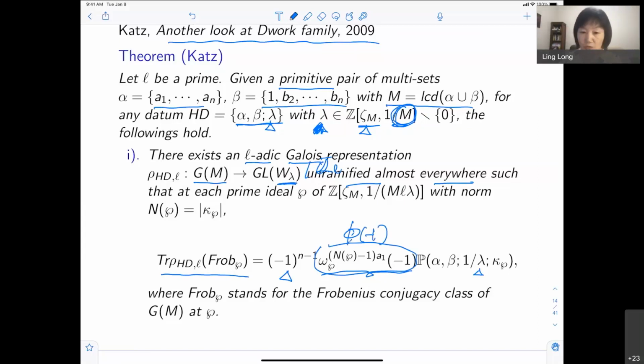There is an additional quadratic character coming in. But the key point I want to make is that it will be the period function coming into here. And then also, according to Katz's notation, there is 1 over lambda. You can invert that or redefine it, but this is comparing the period function and Katz's notation, there is 1 over lambda.